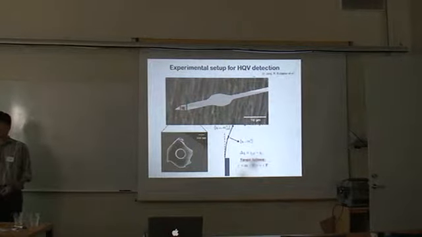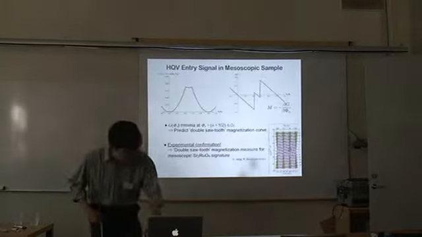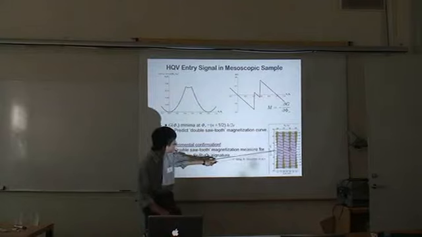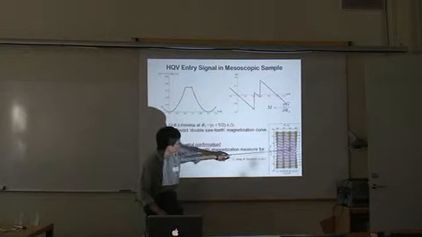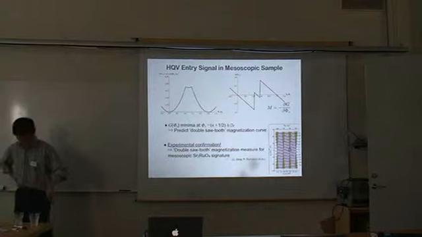This is a magnetization corresponding to this half vortex. So if you just have this kind of sawtooth pattern, then all you have seen is the integer fluxoid entry.